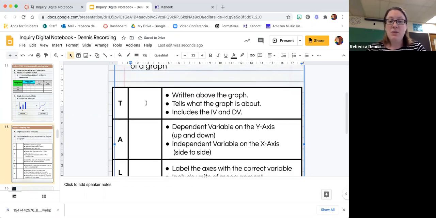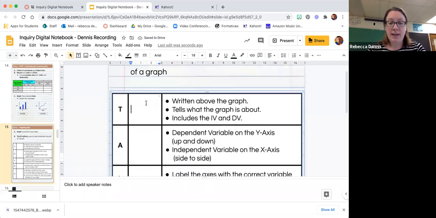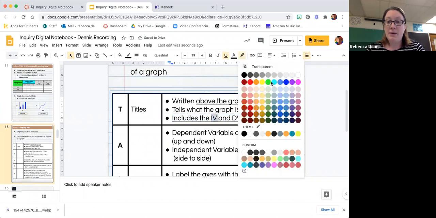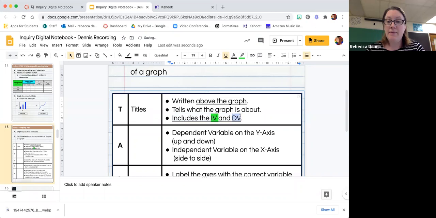All right, so the first part of the TALKS graph is the title. And a good title is always written above the graph. So I'm going to go ahead and highlight that and I'm going to underline it. And it tells what the graph is about and it's going to include, and here's the really important part here, the independent variable, and I'm going to put that in green, and the dependent variable.